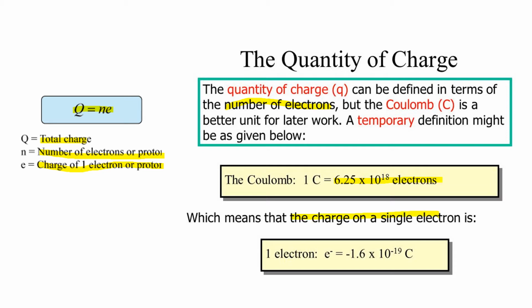The charge on one electron is equal to 1.6 into 10 to the power minus 19. I think it's clear. How we calculated this value, let's find out in the coming slides. This is an important question, keeping in mind board examinations.